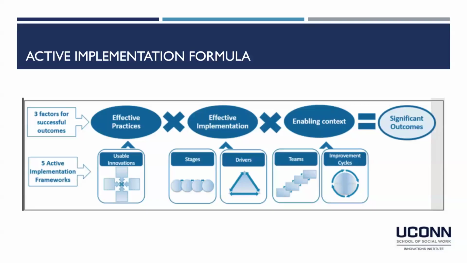The active implementation formula demonstrates how we get to significant positive outcomes. In the context of SISIP work, the significant outcomes we are looking for are increases in children's social emotional development. So each piece of the formula is designed to help your program implement your EBPs more effectively.